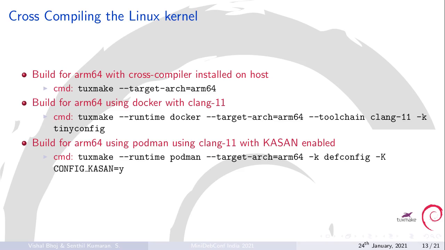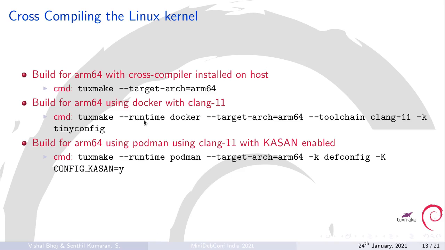The next one is cross compiling. It's similar to the x86 compilation that we showed, but it'll use cross toolchains for the build. TuxMake --target ARM64 will basically do a build for ARM64 using the cross toolchain installed on that particular machine itself.